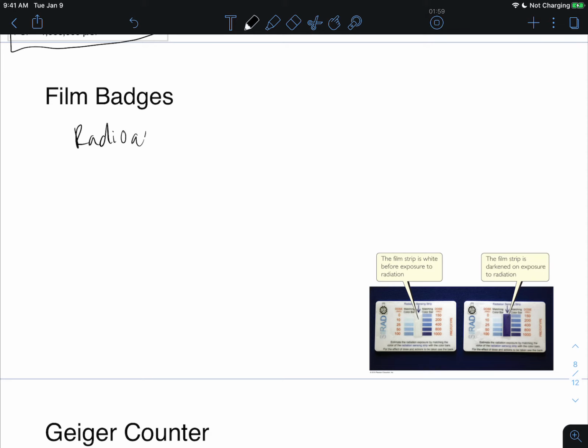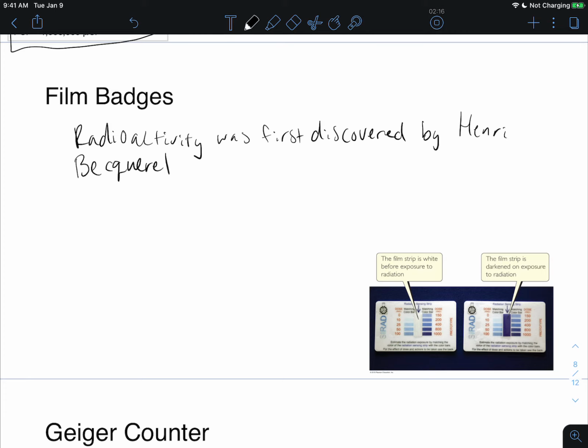Radioactivity was first discovered by Henry Becquerel because it fogged up a photographic plate. And that's how they came up with the idea for a film badge.